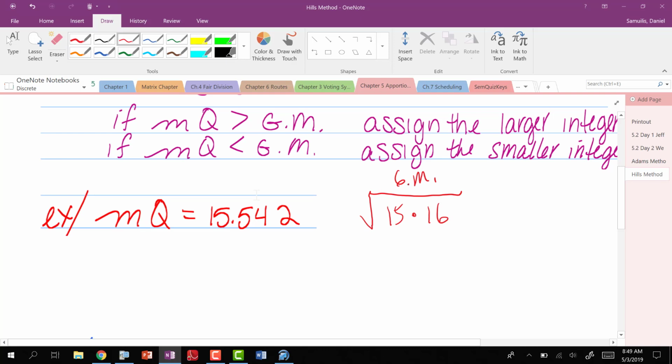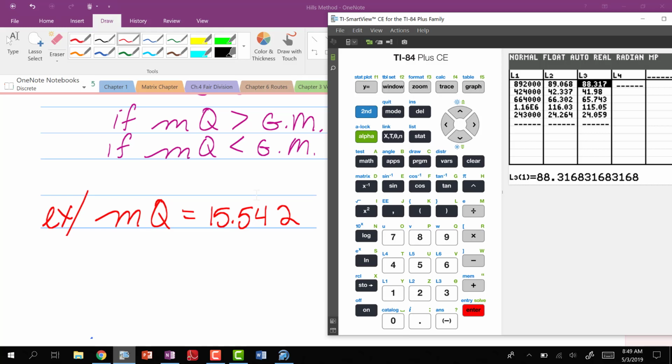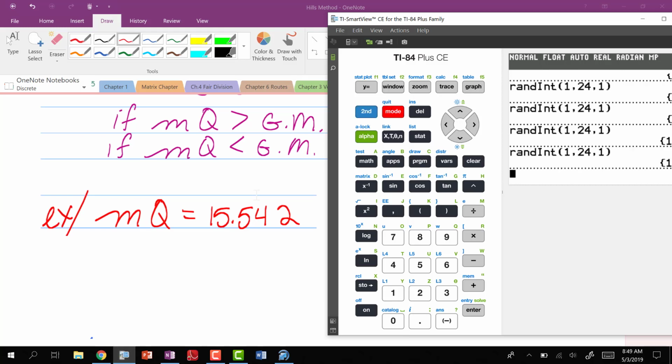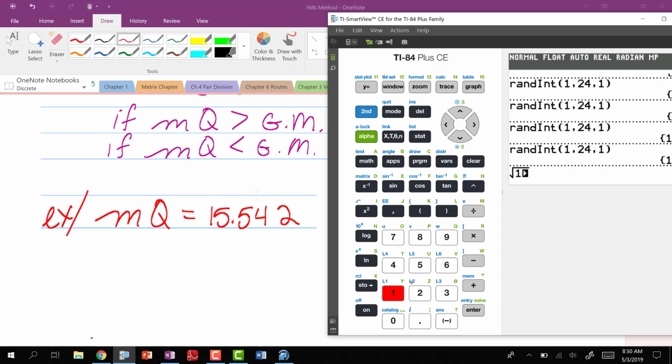And then that's what you compare 15.54 to. Okay? Now I'm going to hit that on the calculator. Second quits. I do have the same states for our example, so we'll get to use our calculator fastly on this.